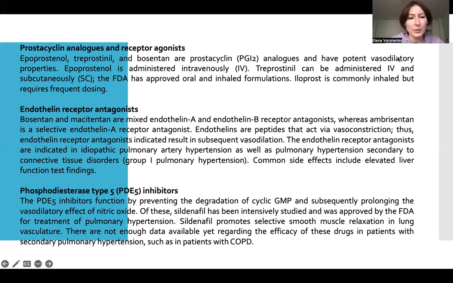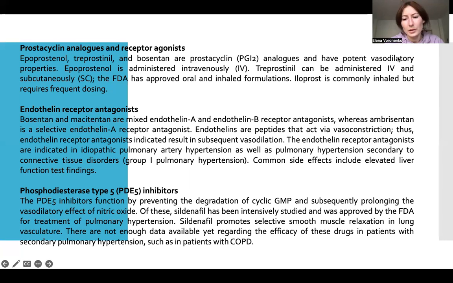Phosphodiesterase type 5 inhibitors work by preventing the degradation of cyclic GMP and subsequently prolonging the vasodilatory effect of nitric oxide. Of these, sildenafil has been intensively studied and was approved by the FDA for treatment of pulmonary hypertension.